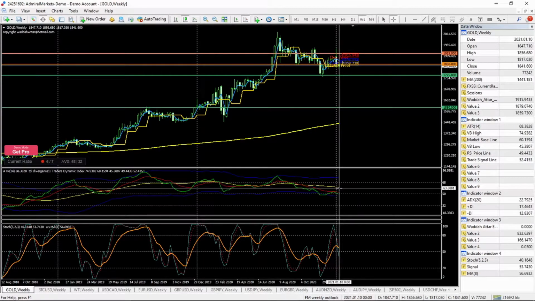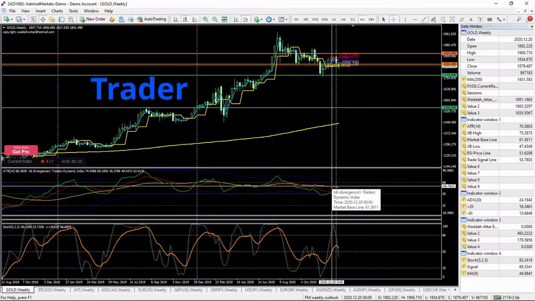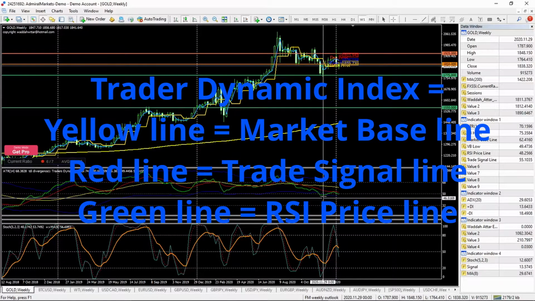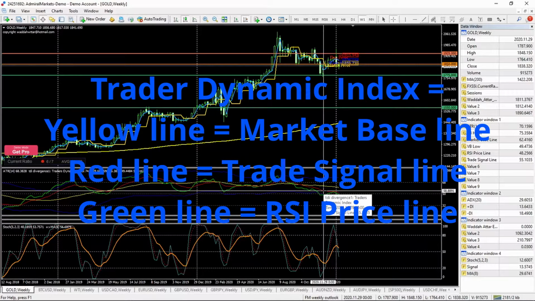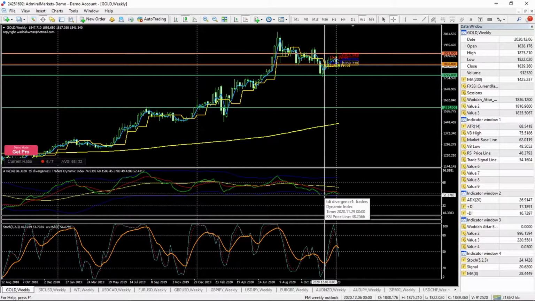This yellow line is what they call the market baseline, and this is the trade signal line, the red one, and the green one is the RSI price line.